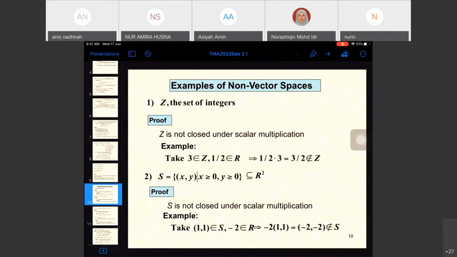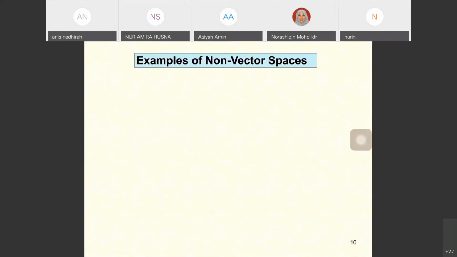Okay, now let's see examples of non-vector spaces. I claim that the set of integers, that is Z, is not a vector space. If it is not a vector space, you don't have to prove everything, all the 10 axioms. If the question is like this, show that Z, the set of integers, is not a vector space, what you need to do is just find which axiom Z fails.